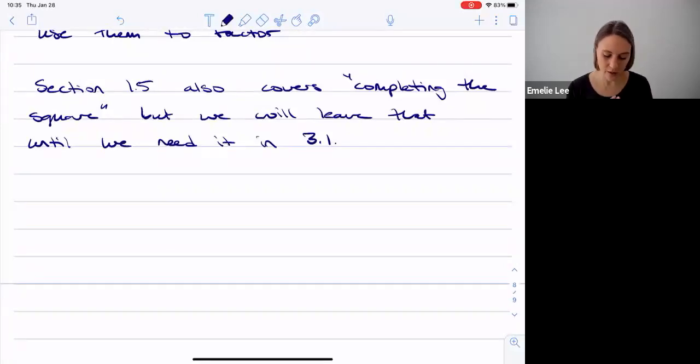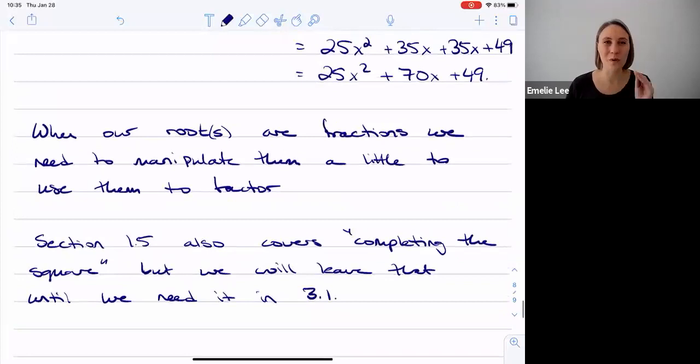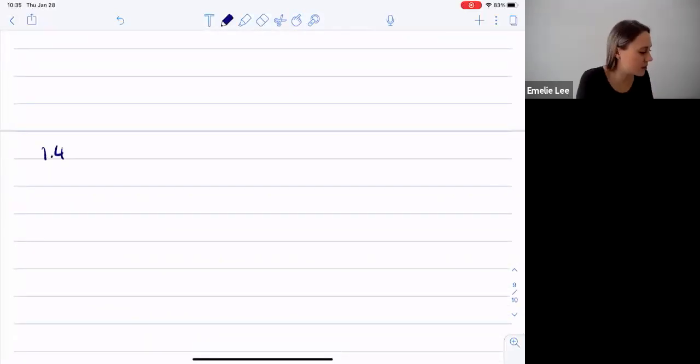Okay, so we will see more quadratics as we move into section 1.4. So what I want to do is just start 1.4 so we can kind of get into it a little bit. Okay. Section 1.4 is called what? Oh, rational expressions.